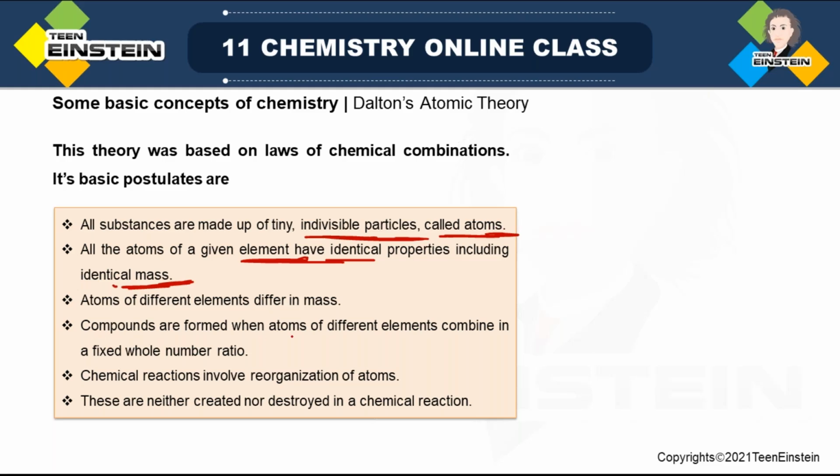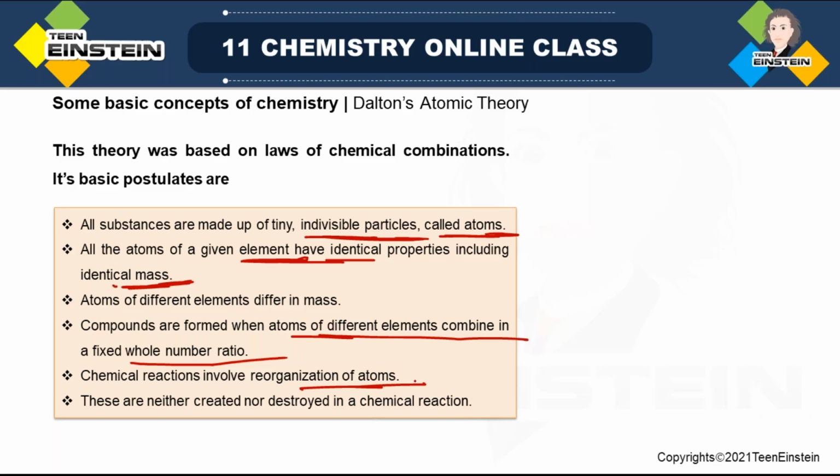Fourth, compounds are formed when atoms of different elements combine in a fixed whole number ratio. So if 2 elements or 3 elements are combining with each other, this combining ratio, the atomic ratio, will always be a whole number. Then the next one, chemical reactions involve reorganization of atoms. Suppose you are reacting nitrogen with oxygen.